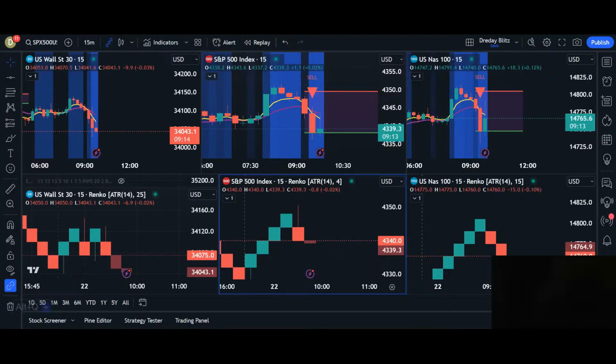If anyone didn't look at the news event and had taken the sell setup, they would be in a big drawdown, or they would have been stopped out already. That's why I always say to make sure the news event has passed, and then look at the market and see if you have a confirmation of a downside on the chart.